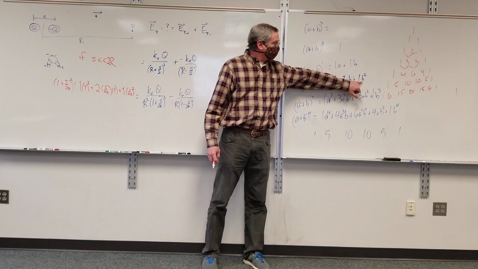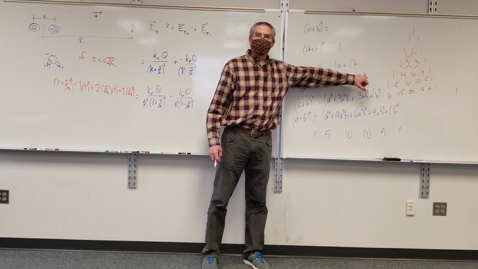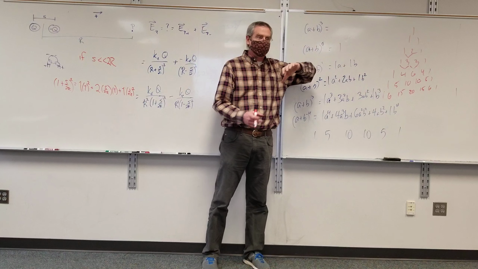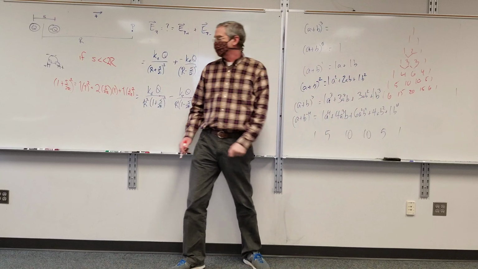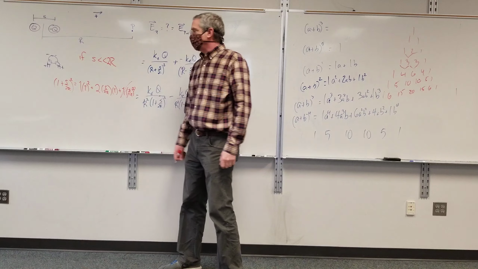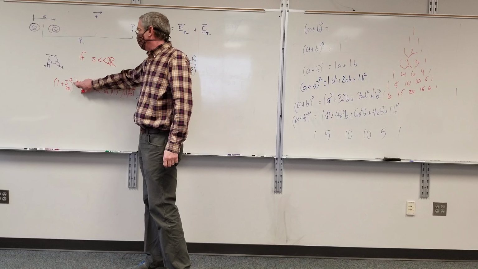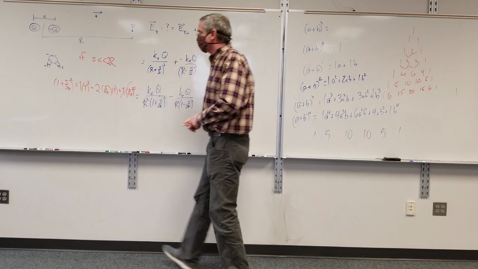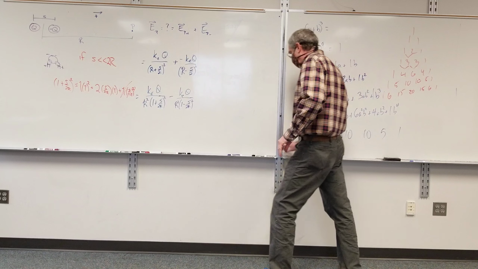Whenever the second term is squared or cubed or whatever, if that fraction is small, then these become insignificant. So I'm just going to ignore that. It's not equal anymore when I get rid of it, it's approximate.